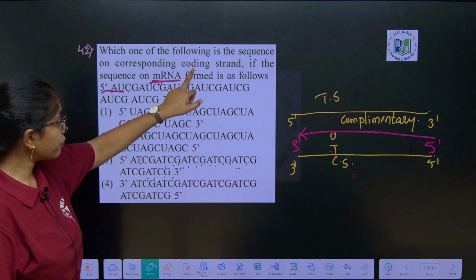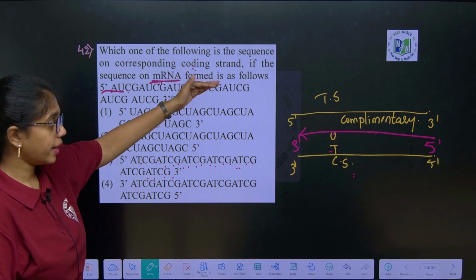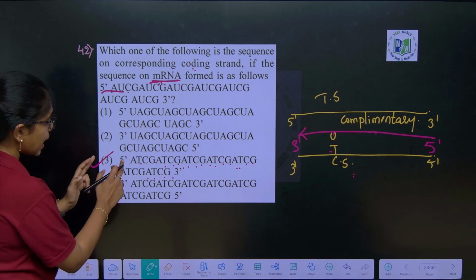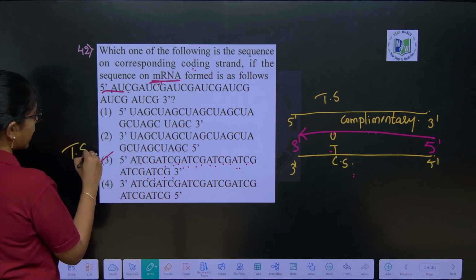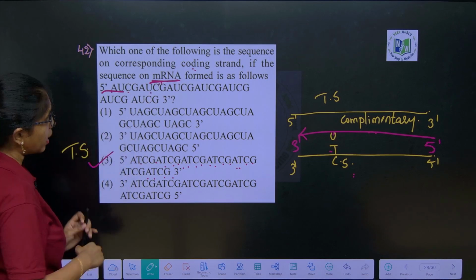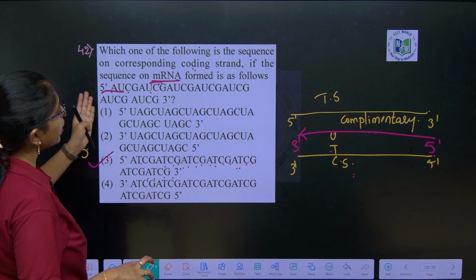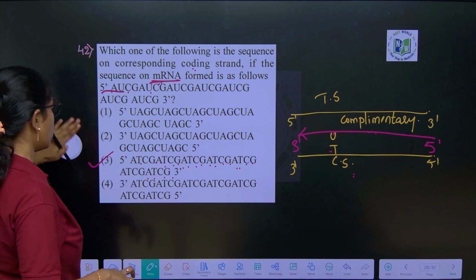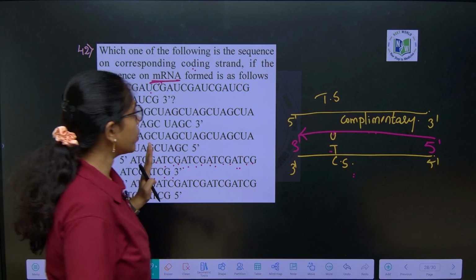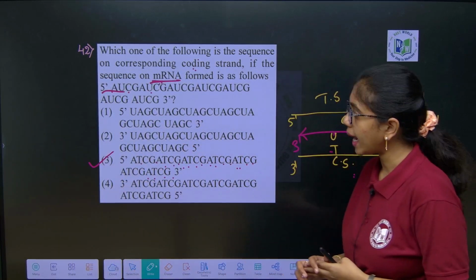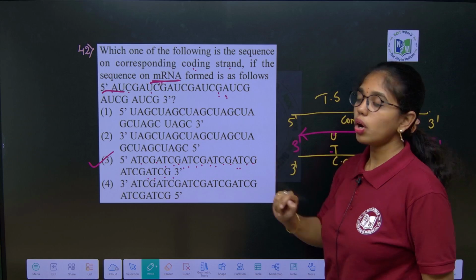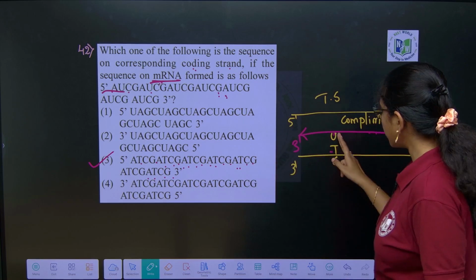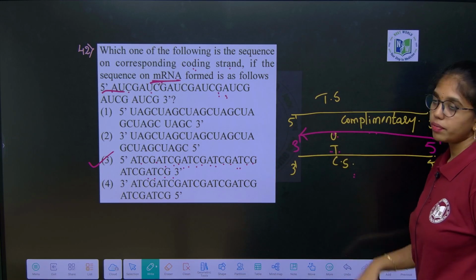If they are asking you for complementary, then you have to write the complementary sequence. If they are asking you to take down the template strand giving you the mRNA strand, then you have to code for a complementary sequence for this. But in this question, what did they ask you? They have given you the mRNA strand and asked us to find the coding strand. Except in the U place, thymine will be there.